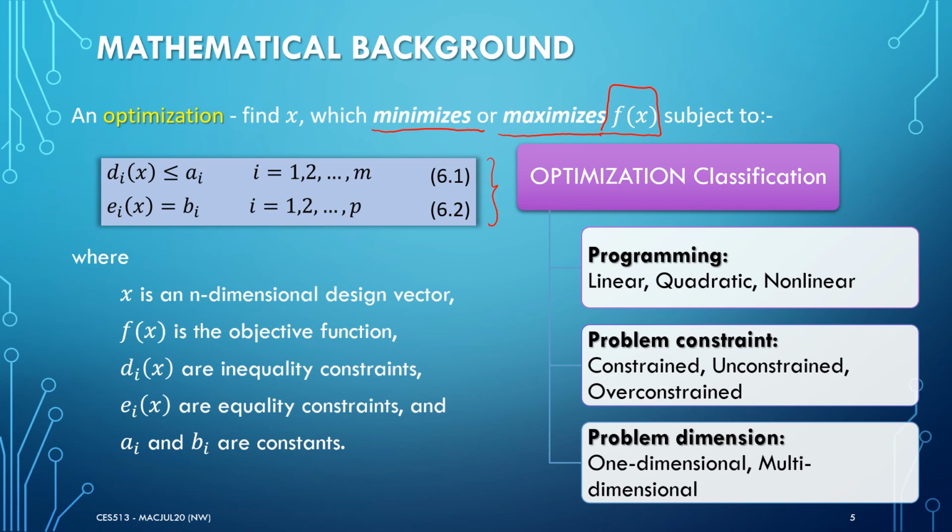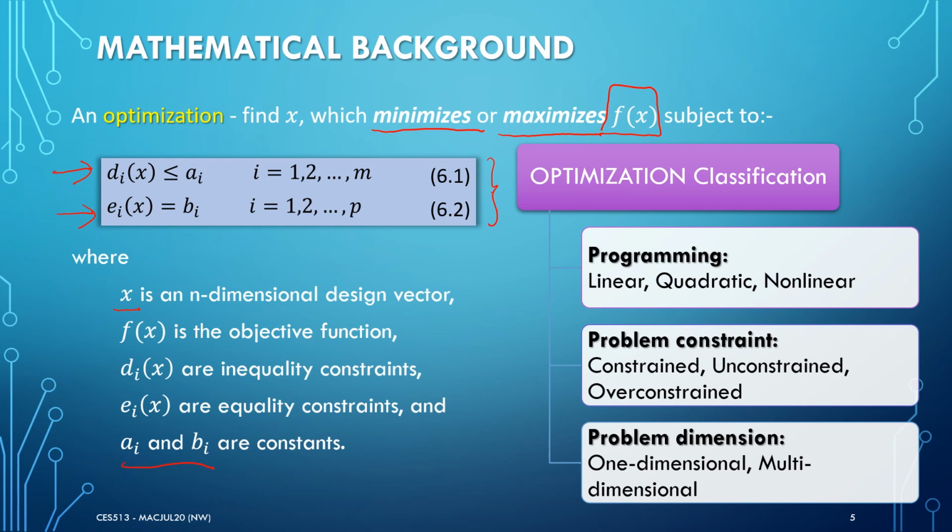So we have equation 6.1, where the inequality constraints are d_i(x) less than or equal to a_i, and equation 6.2, where the equality constraints are e_i(x) equal to b_i. Here x is the n-dimensional design vector, while a_i and b_i are constants.